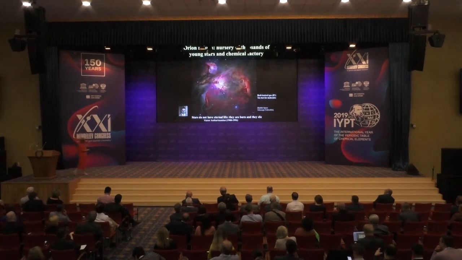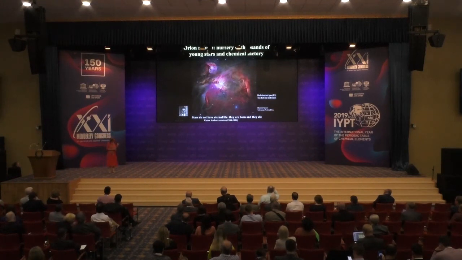And in fact, it was Victor Ambartsumian, who I think was here at St. Petersburg State University and also at the Pulkova Observatory, that made this very important point. Up to around 1950, people thought that stars were part of cosmology, that stars were there eternally. They did not think that stars could be born and that stars could die.